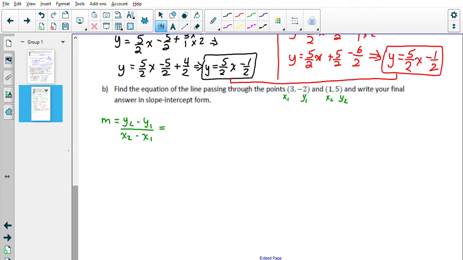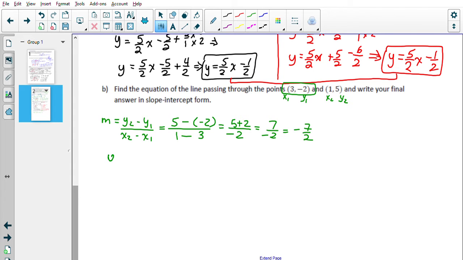So y2 is 5 minus y1 is -2. x2 is 1 and x1 is 3. So I'm getting 5 plus 2 over 1 minus 3. So I'm getting 7 over negative 2, which is negative 7 halves. Because it doesn't matter where that negative is, so I put it out front. So I'll choose this point because it just does not matter.